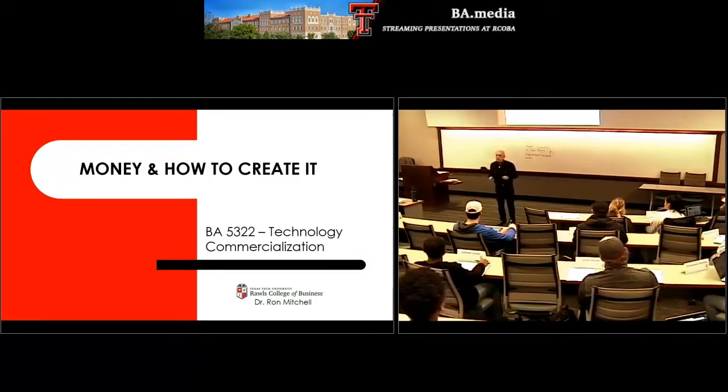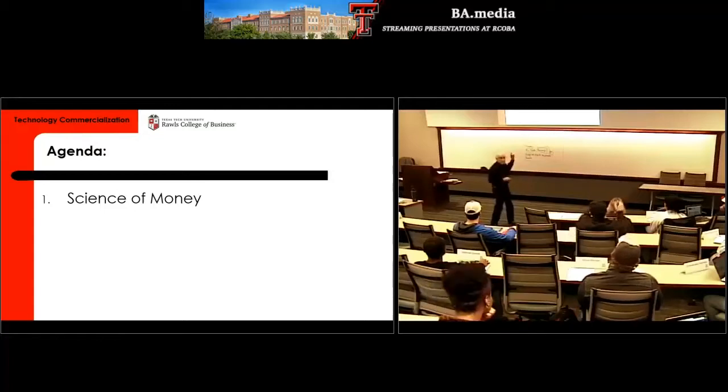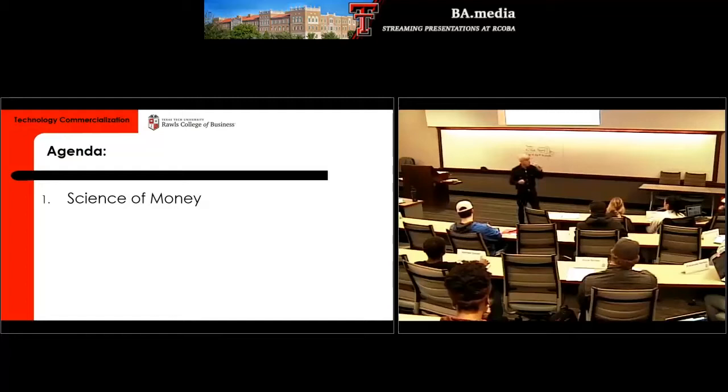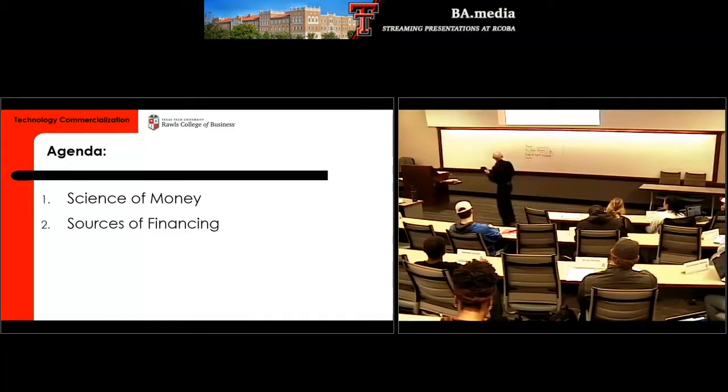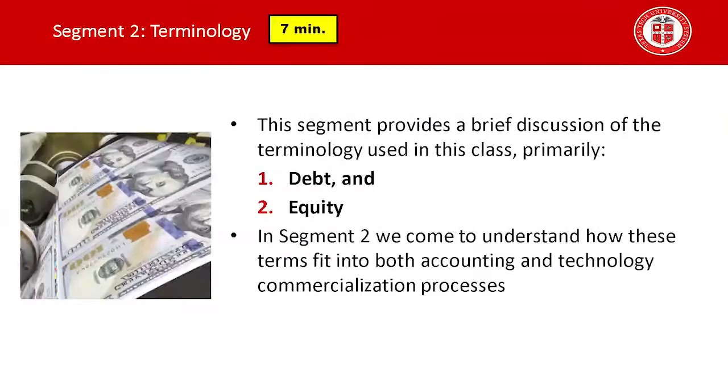Okay, so 4 things, I think. The science of money. Guys, have you ever heard science and money in the same phrase, right? It's just like, what? Science and money? Okay, so science and money, sources of financing, equity financing examples, and debt financing examples.